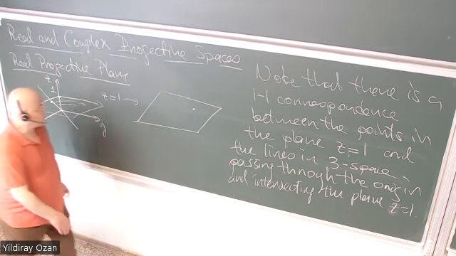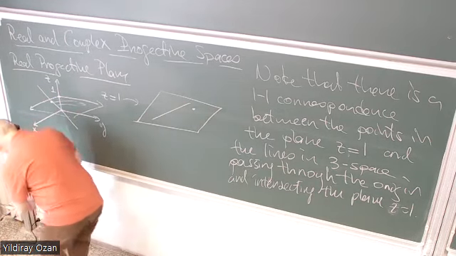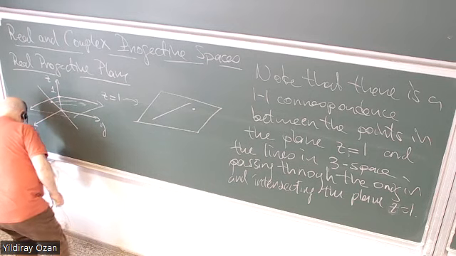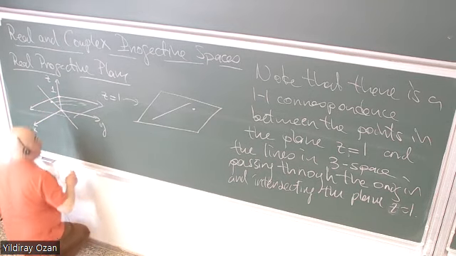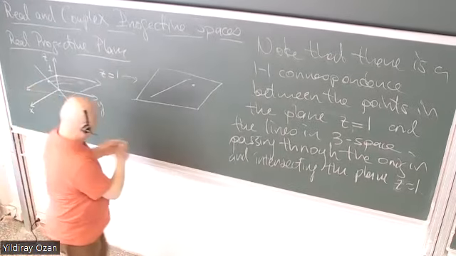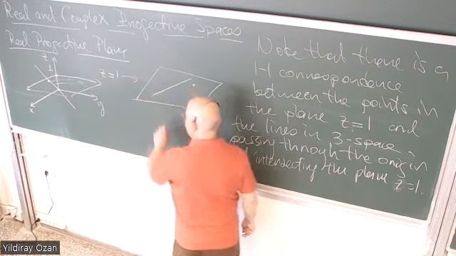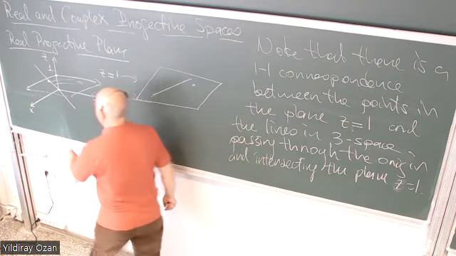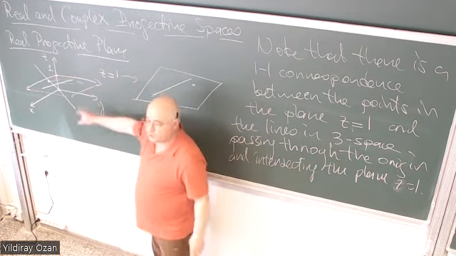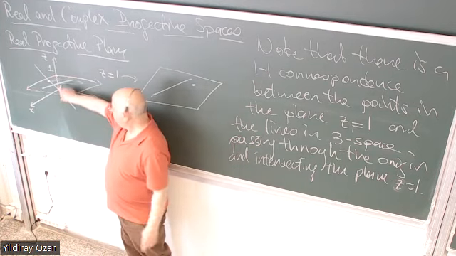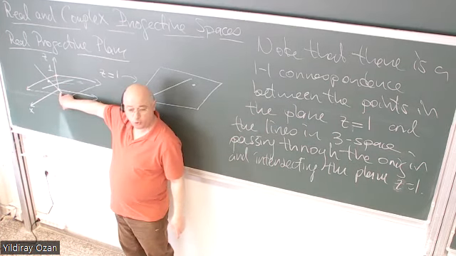Moreover, if you choose a line in this plane, what do we get? What do we get? Suppose I choose a line like this. So we get a line like this. What is the correspondence? You connect every point on this line with a line through the origin.